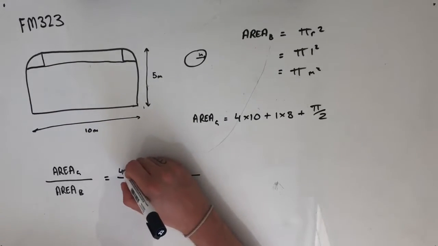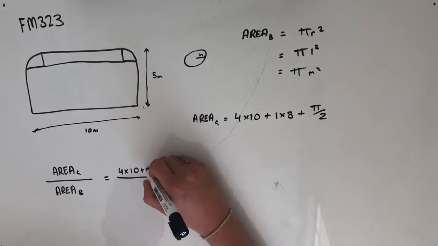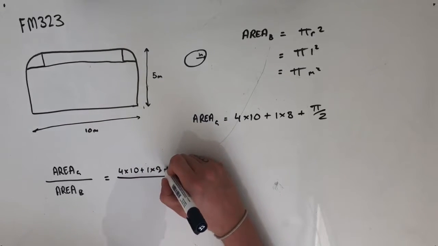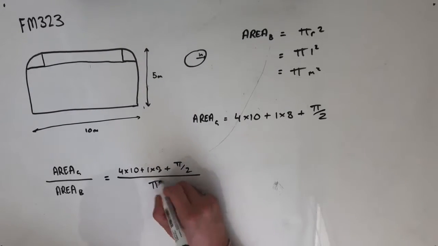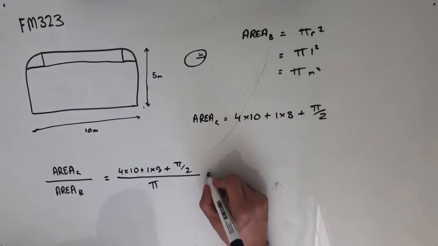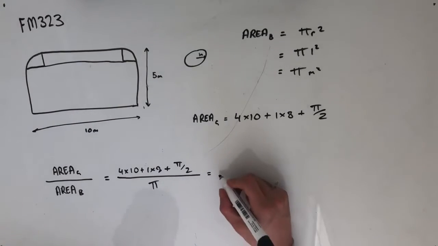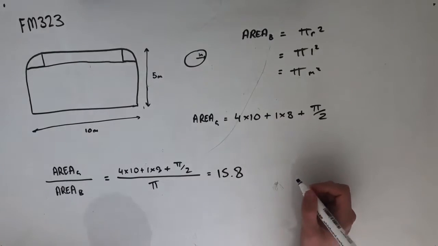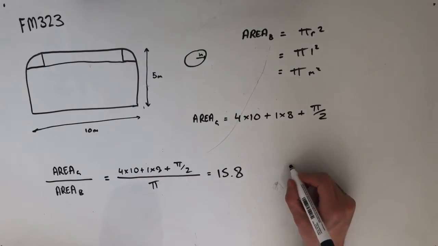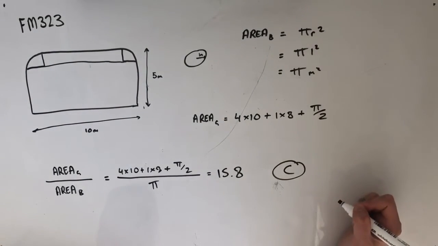So we're going to have 4 by 10 plus 1 by 8 plus pi on 2 all over pi. And this, putting into calculator to one decimal place, is going to round to 15.8, which is option C.